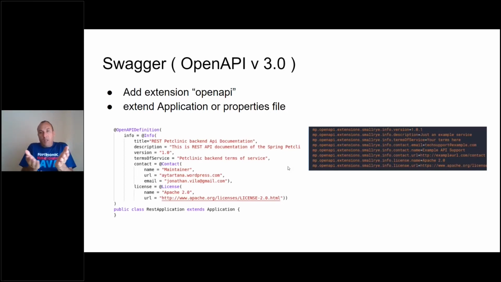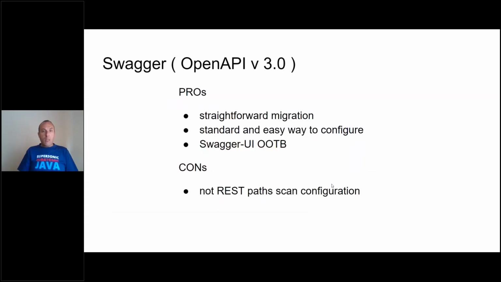So also very convenient, no code involved. You can have the global information of your API this way. The same way, it also has Swagger UI out of the box in test and dev mode, but you can also activate it in prod, and that's very convenient.